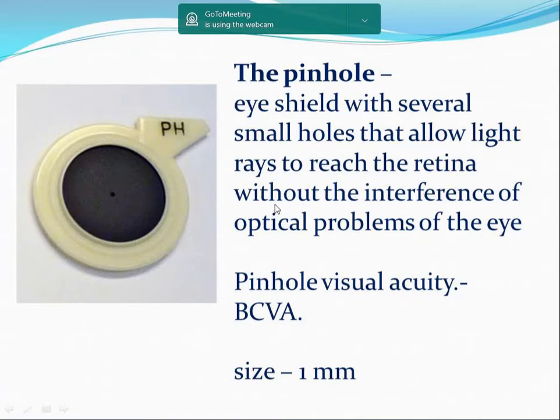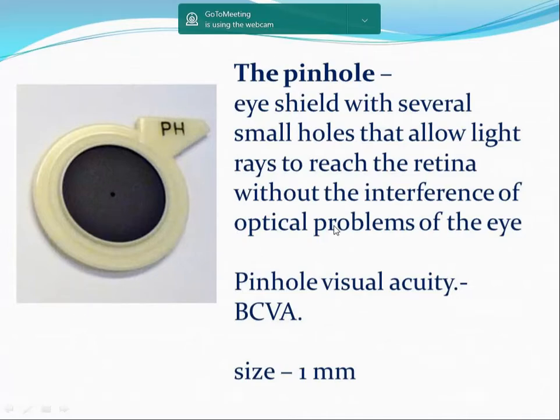By eliminating all the refraction, you are allowing only the central rays of light to fall on the retina. So what is the purpose of doing this? You will come to know that if there is no interference of any kind of optical problem, then the patient is able to see.